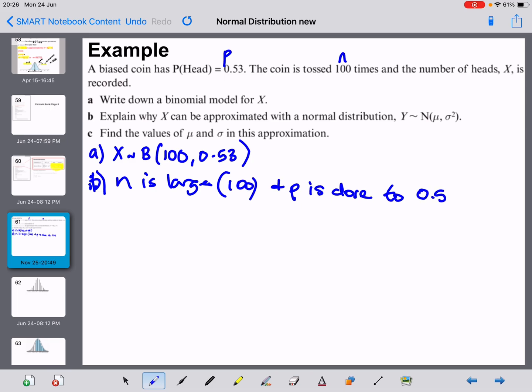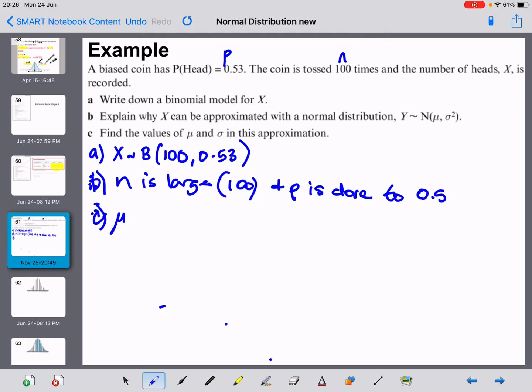Both conditions are satisfied, so therefore it can be approximated using the normal. Then it says find the values of mu and sigma in this approximation.